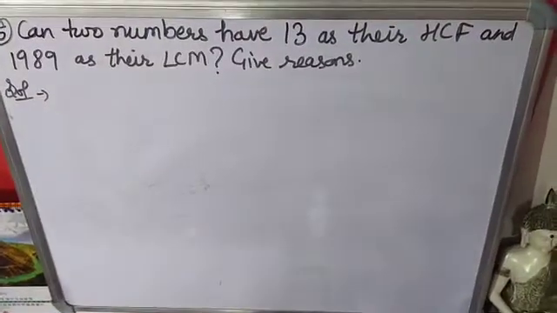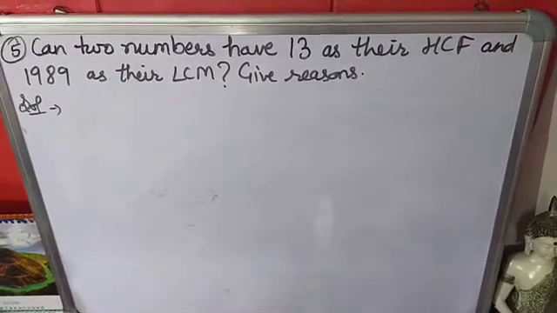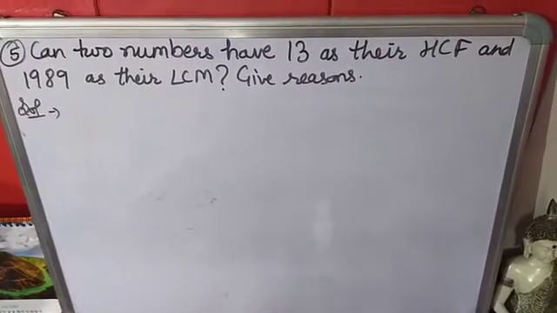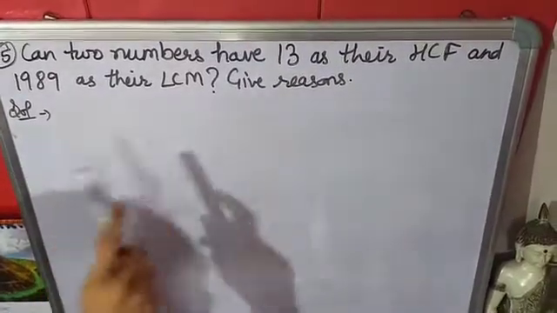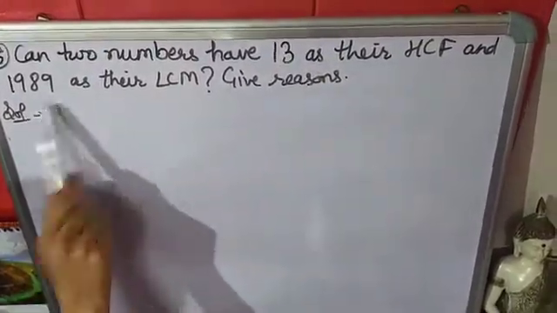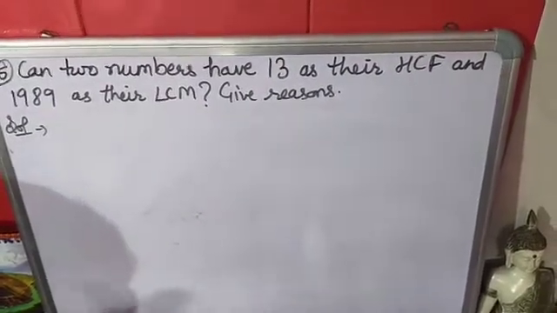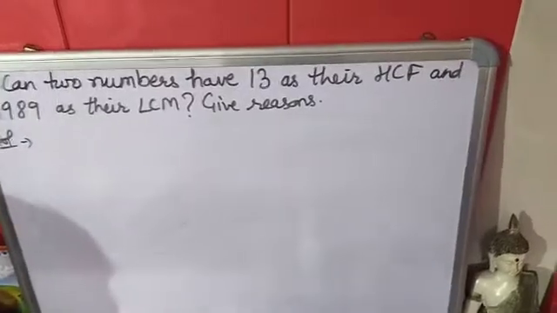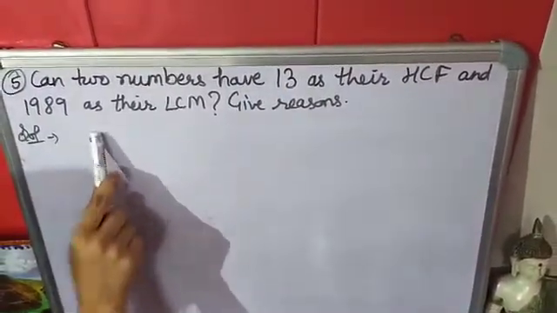Fifth question. Can two numbers have 13 as their HCF and 1989 as their LCM? Give reason. He is asking, अगर आपके पास दो नंबर्स हैं कोई भी, तो उन दो नंबर्स का क्या HCF 13 है और LCM 1989 है. If you have to find this type of question, whether these are the HCF and LCM of numbers or not, then you have to find whether HCF is a factor of LCM or not.